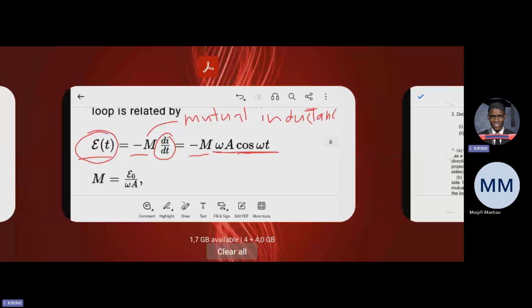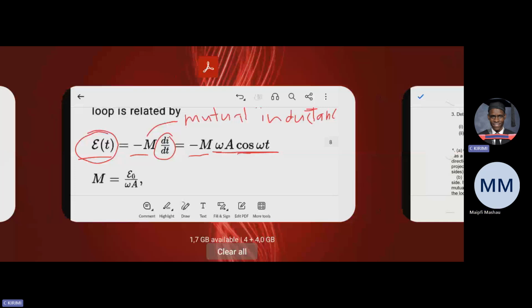Then if you want the mutual inductance, you are now making M the subject of the formula. And when is cos at the peak? When do we find the cosine graph at the peak?